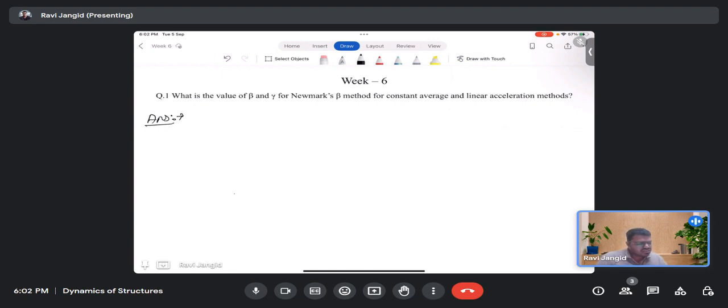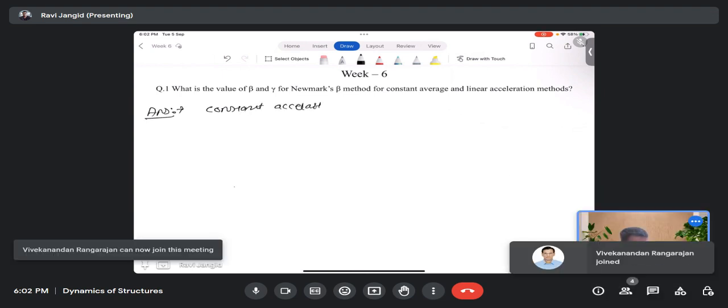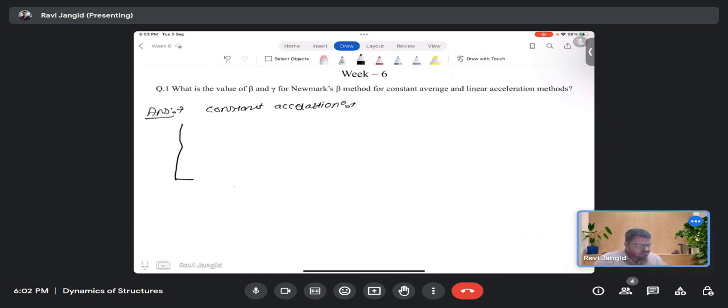So first is for the constant acceleration method. In this constant acceleration, we assume our acceleration to be constant between a step from ti to ti plus 1.